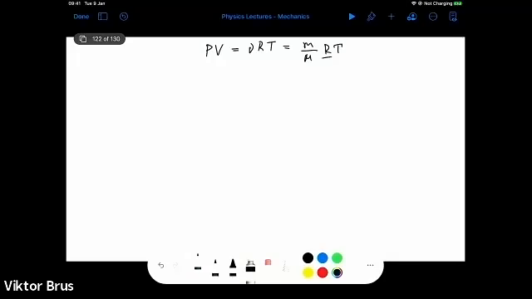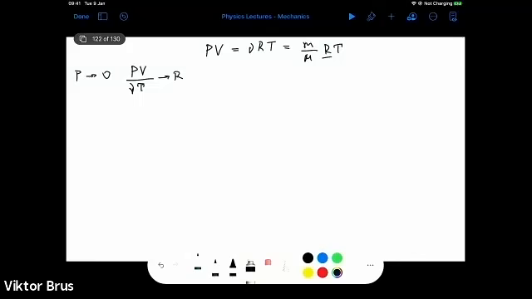And if pressure approaches 0, the ratio of pressure times volume divided by nu times T approaches this constant value R for all gases which satisfy the condition of ideal gases.